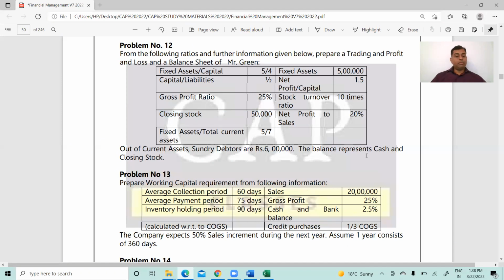In the balance sheet, the balance represents cash and closing stock. Closing stock is already 50,000. So the balancing figure will be cash. So you understand this question number 12. Guys, do you understand question number 12? Okay, will you be able to do it later?